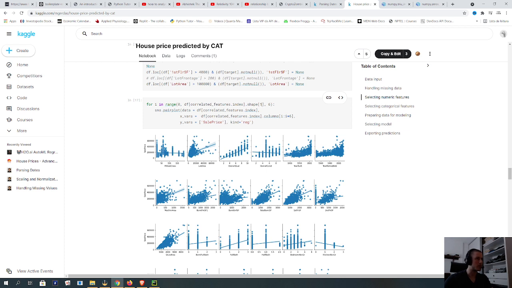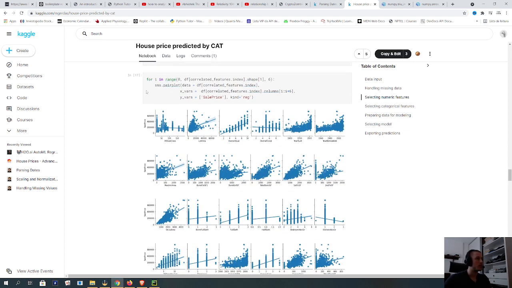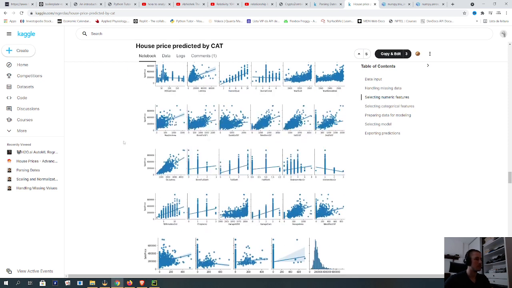Maybe it's columns instead of rows. It's probably columns, so the first 6 columns. And then he's creating a bunch of graphs for the correlation between the sale price and the features that have higher correlation.